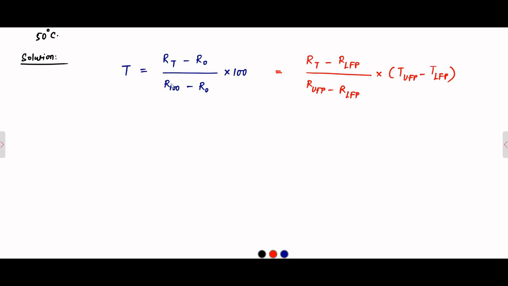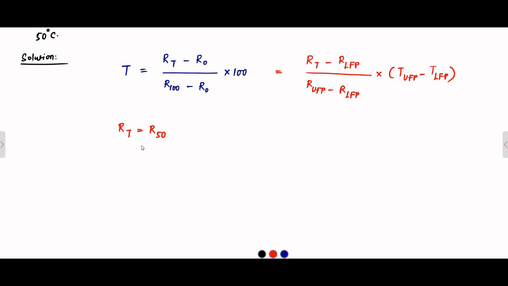Here, if we want to determine what reading it will give us at 50 degrees Celsius, this R_T will be equal to R50.